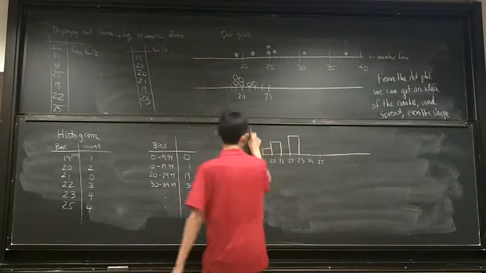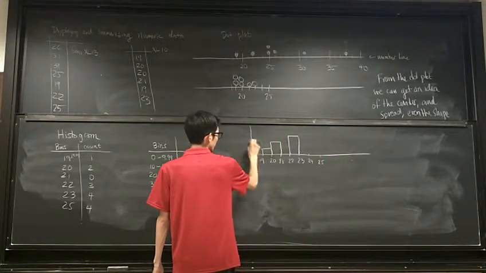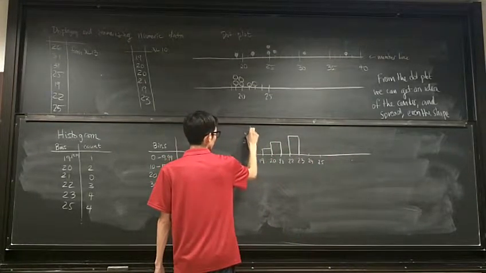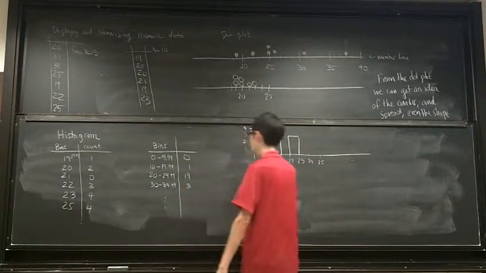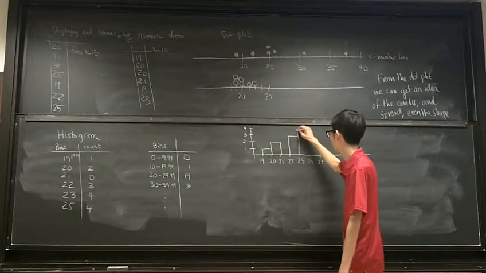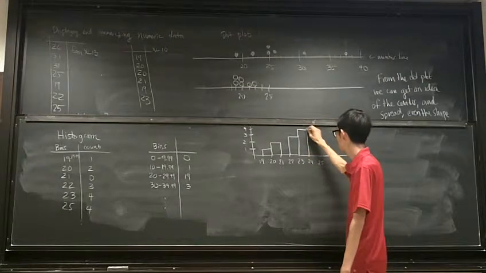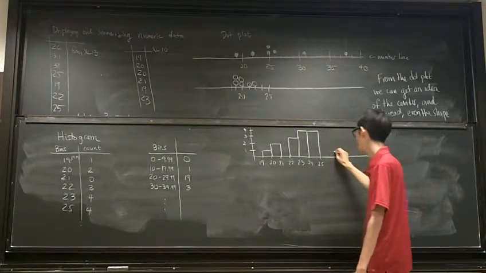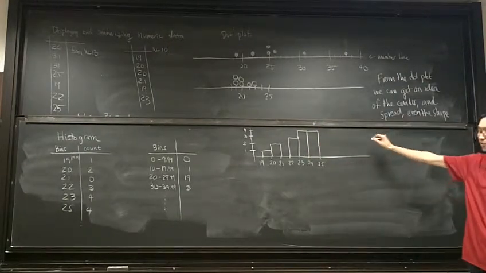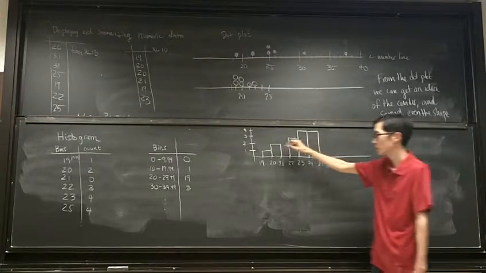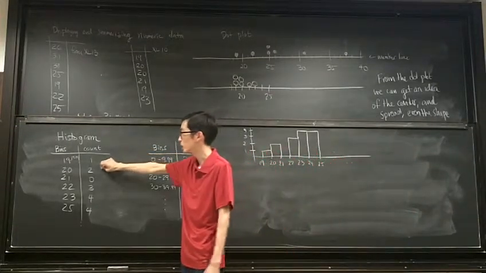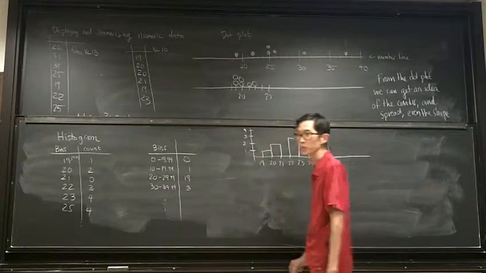I should put a vertical axis: 1, 2, 3, 4. And the bars go on like this. So this histogram corresponds to this bin chart setup.